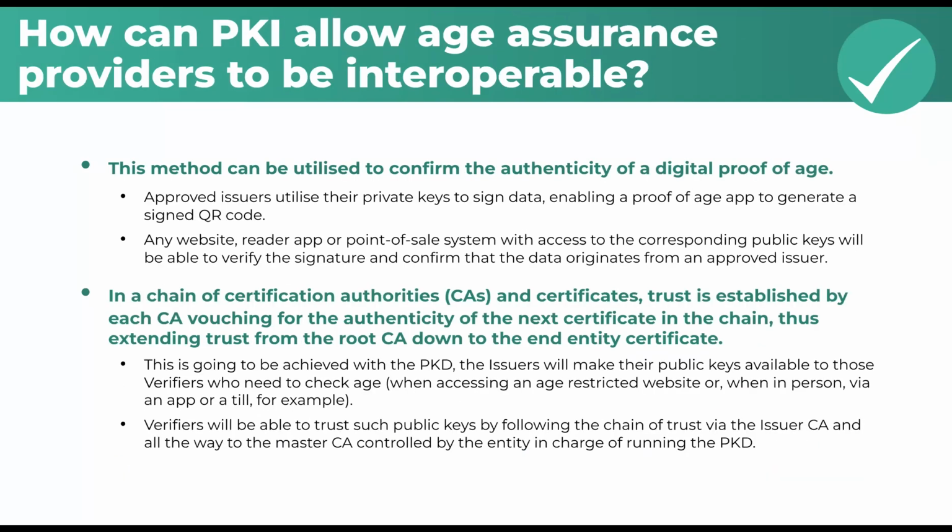This is achieved by setting up what's known as a public key directory, where each of the issuers provides their public keys into the directory, which can then be downloaded and used online or even offline to facilitate the lookups needed to verify that an authentication came from one of the issuers in the system.